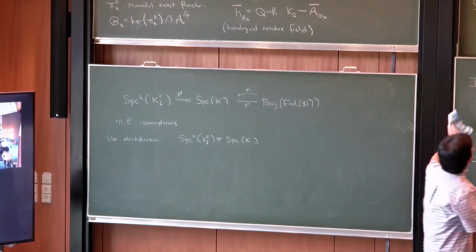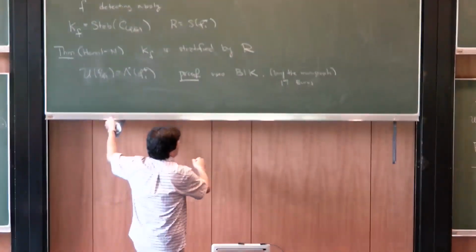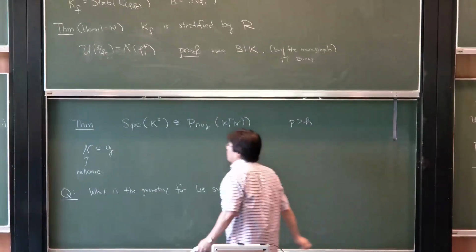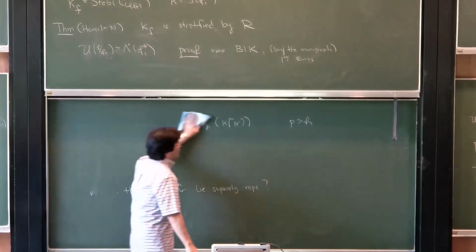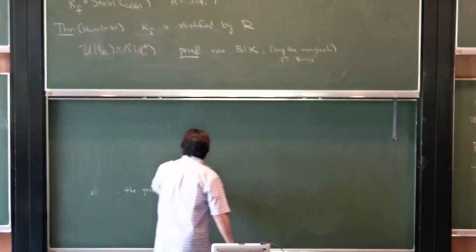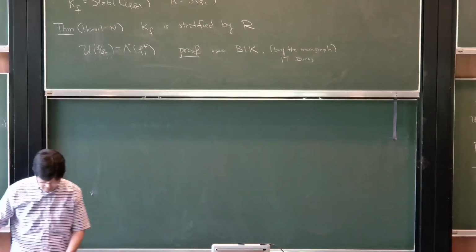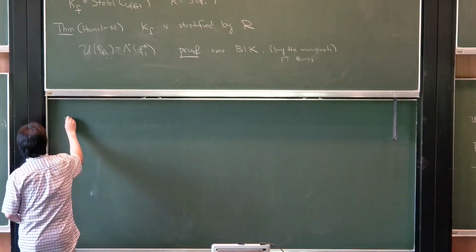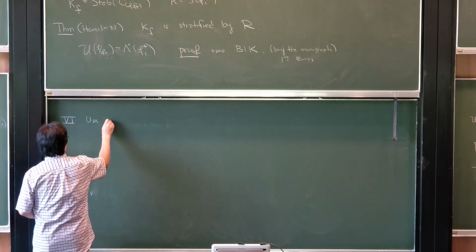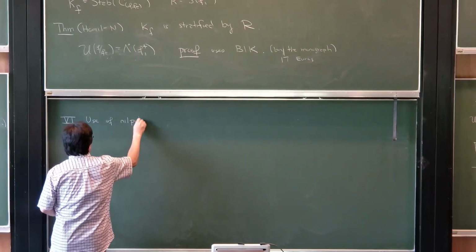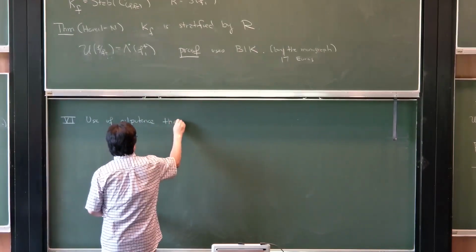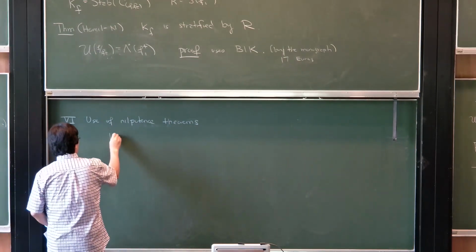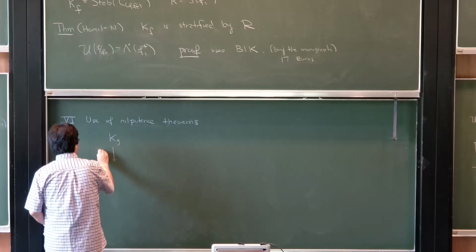Okay, great. Last part of the talk, I need to use this diagram to actually make everything work. Let's do that. All right, so use nilpotence. We have a natural restriction which goes from here to here.